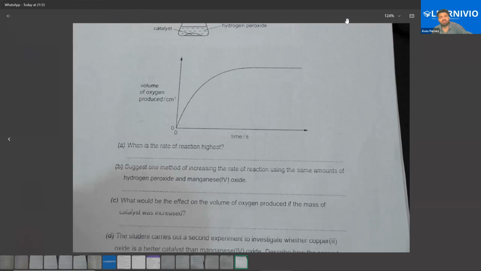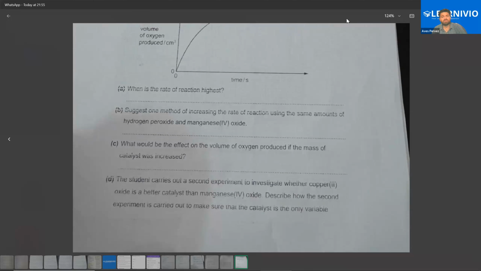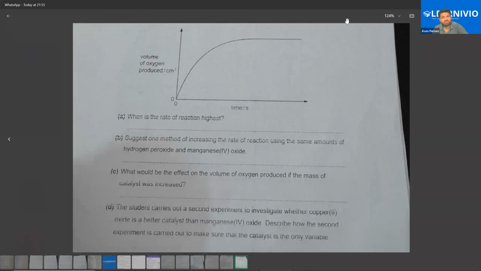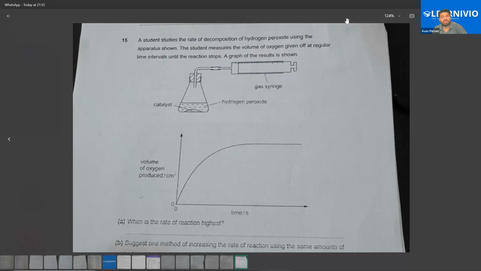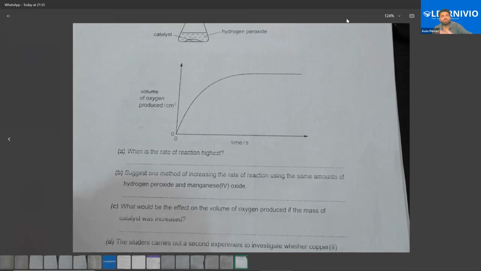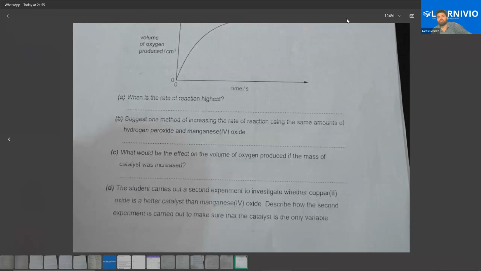Simply, we can say that if we are changing the catalyst, the manganese oxide reacts with H2O2, hydrogen peroxide, to produce gas. When H2O2 reacts with copper, copper is less reactive than hydrogen. Describe how the second experiment is carried out to make sure that the catalyst is the only variable.